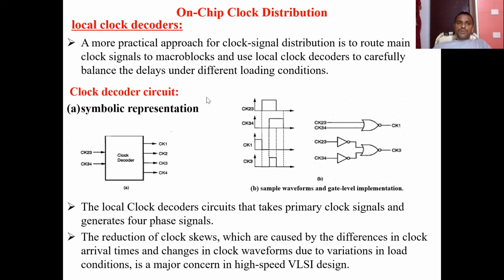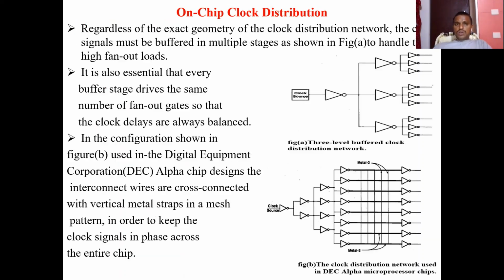So this is about how you can distribute the clock by using one, the H-tree distribution, and another one, the local clock decoder distribution. Now here is another example of how it will be distributed. Regardless of the exact geometry of the clock distribution network, the clock signal must be buffered in multiple stages.